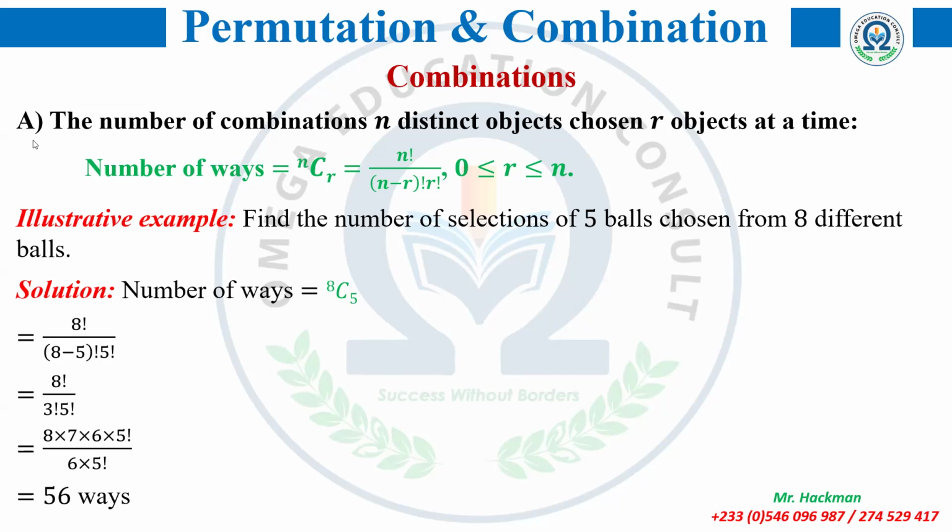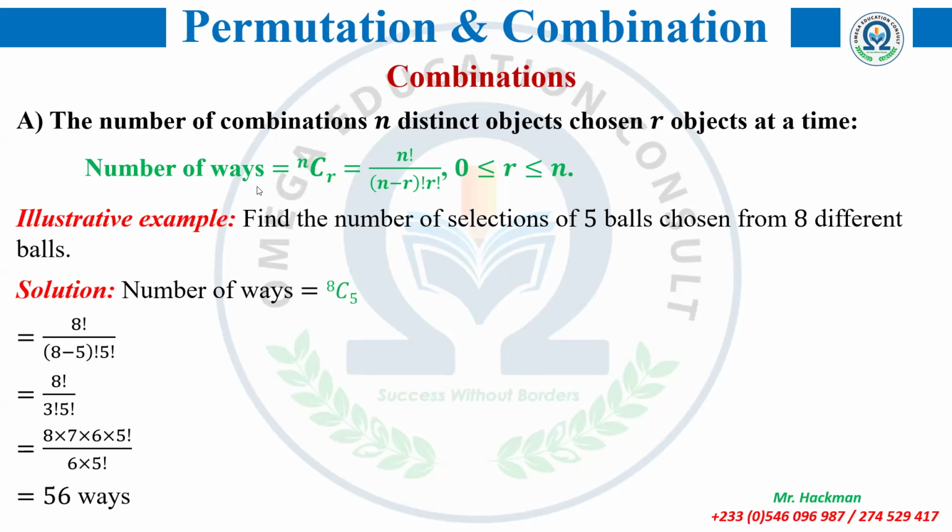So this one too, I am going to group it under 2. The first one is A, where you are asked to find the number of combinations with n distinct objects, choosing R objects at a time. So n objects, and you choose R at a time. This is just the basic definition.